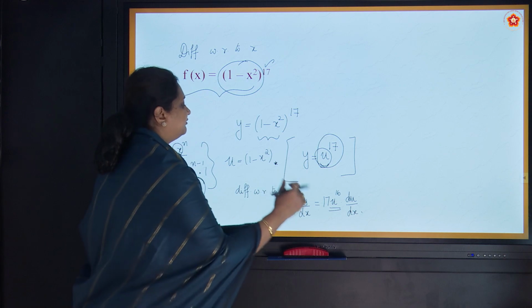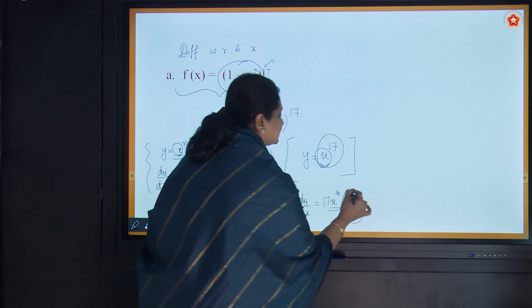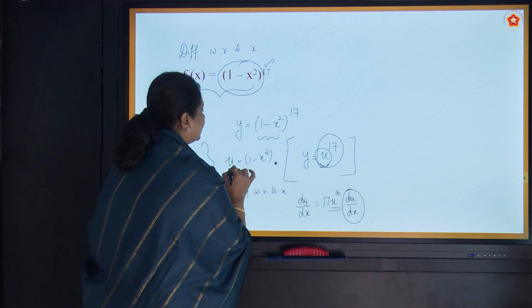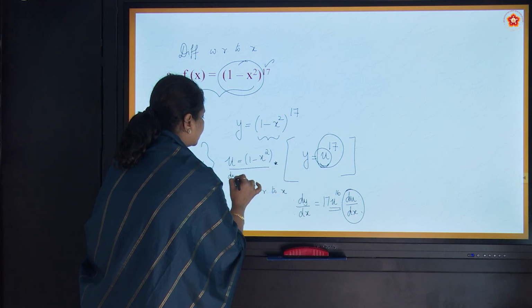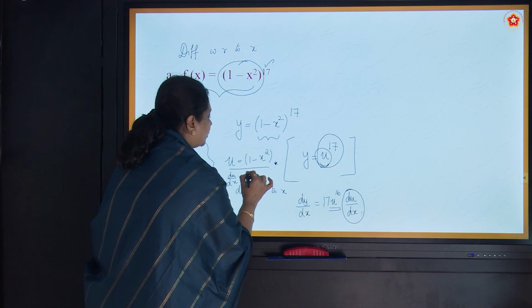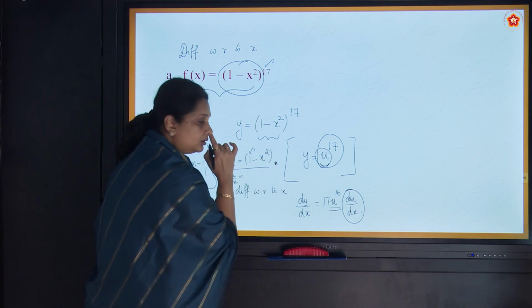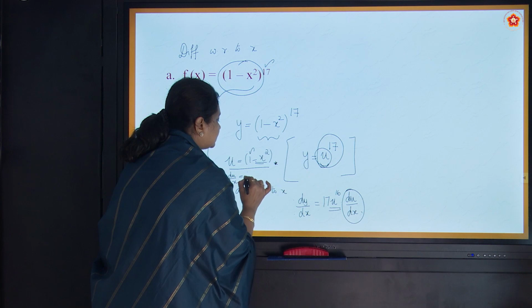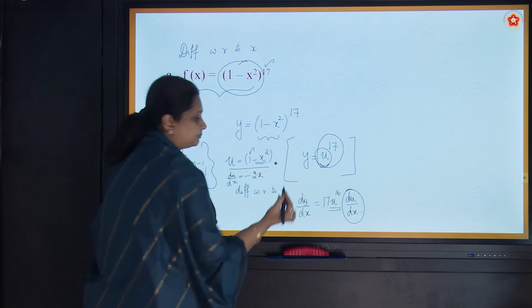Right? Now, how do I find du by dx? I have the u relation here. Du by dx on differentiation: 1 on differentiation becomes 0, and this with respect to x will give me minus 2x.